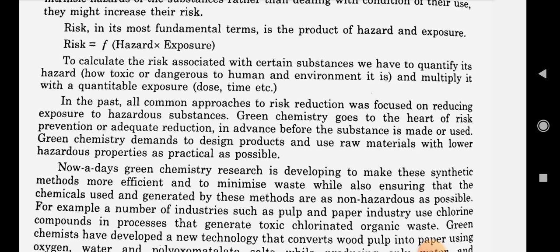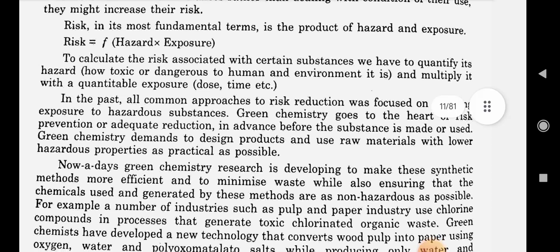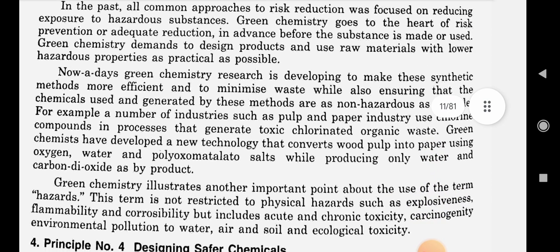In the past, common approaches to risk reduction focused on reducing exposure to hazardous substances. Green chemistry goes to the heart of risk prevention or reduction in advance, before the substance is made or used. Green chemistry demands designing products and using raw materials with lower hazardous properties as far as practical.